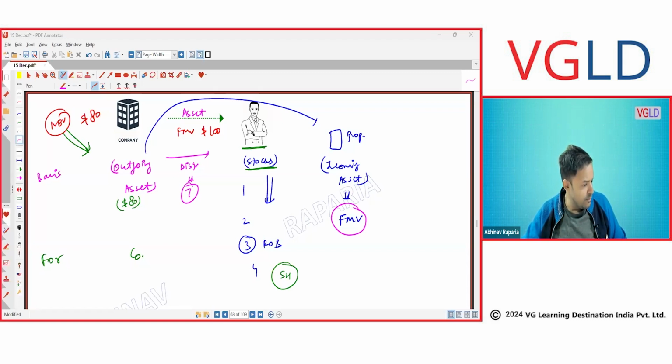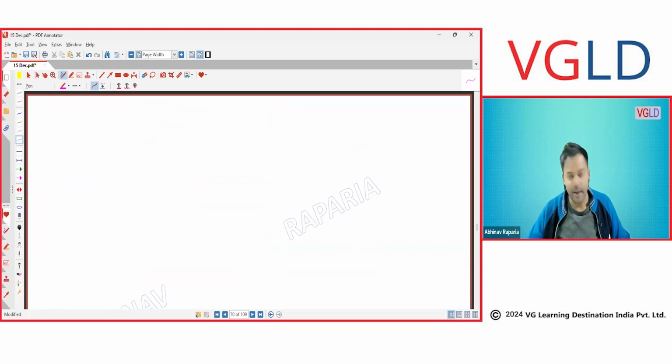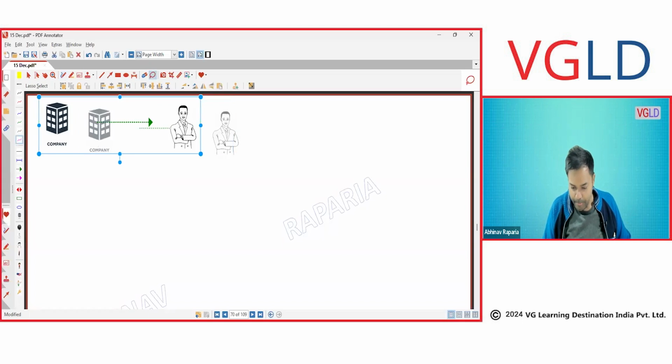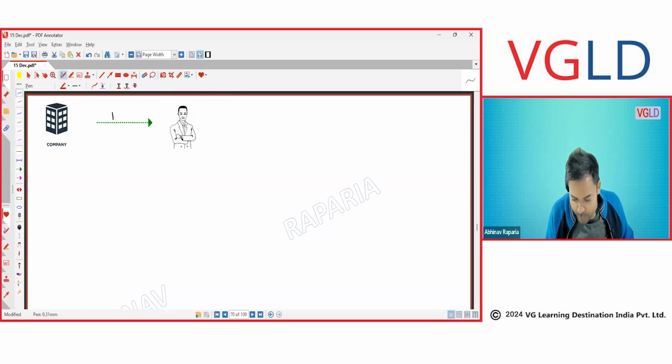Okay. Now let's mix all the concepts and do one comprehensive question. The company is giving property to the shareholder in the year 2024, and the shareholder has sold this property in the year 2030.